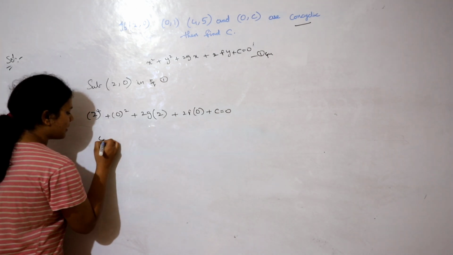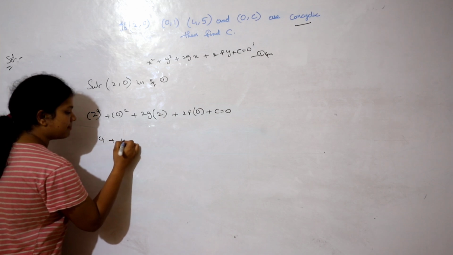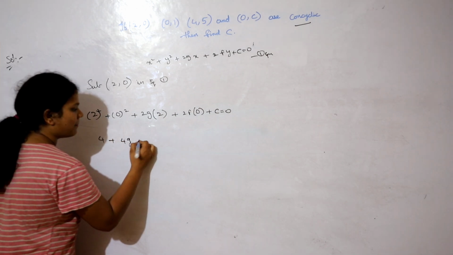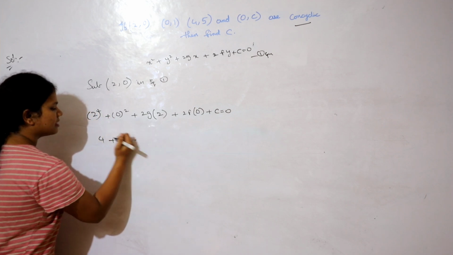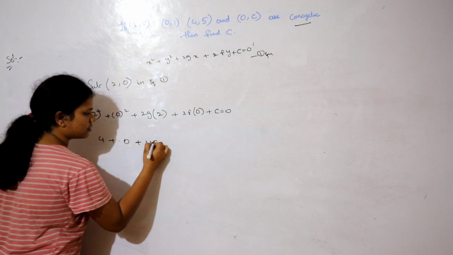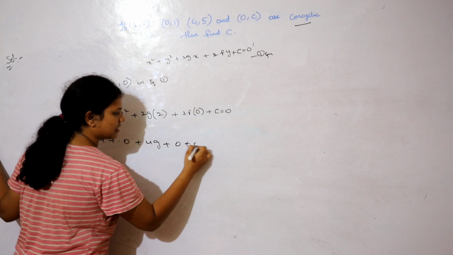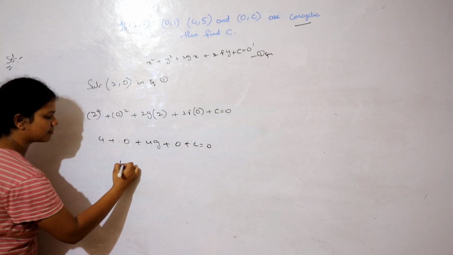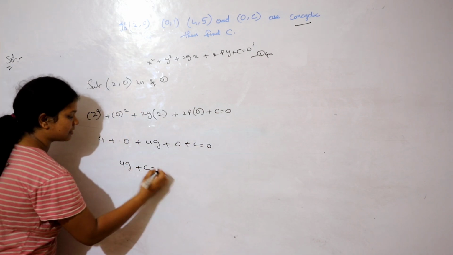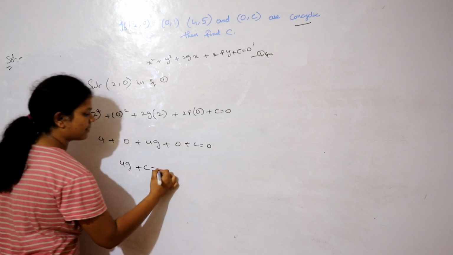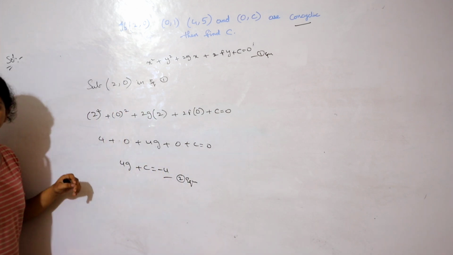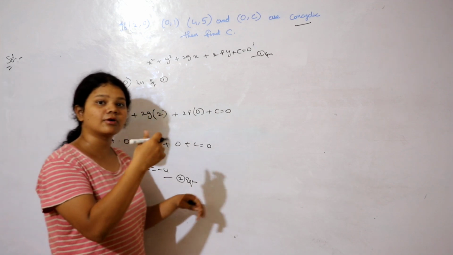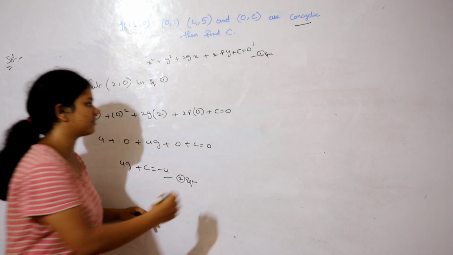This is 4 plus 0 plus 4g plus 0 plus c equal to 0. So 4g plus c equals, taking the 4 to the other side, minus 4. This is equation number 2. Clear? We got the first equation and the second equation over here.